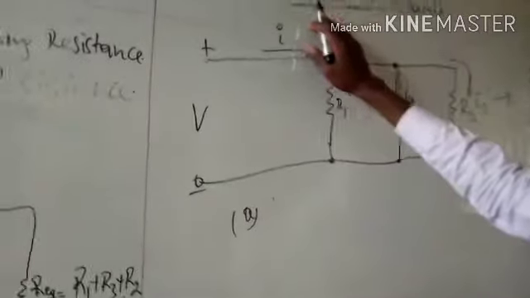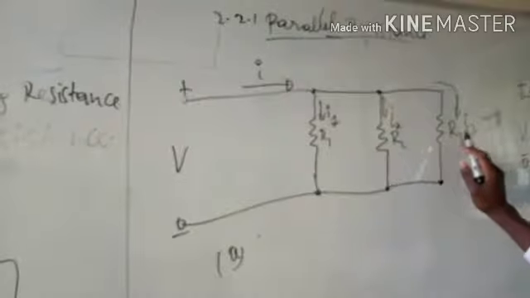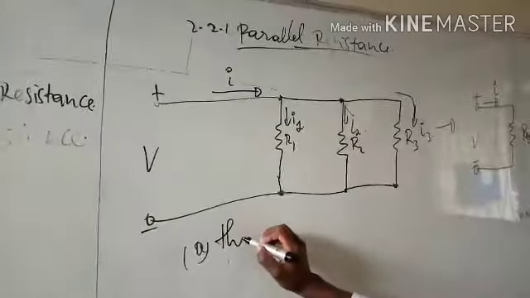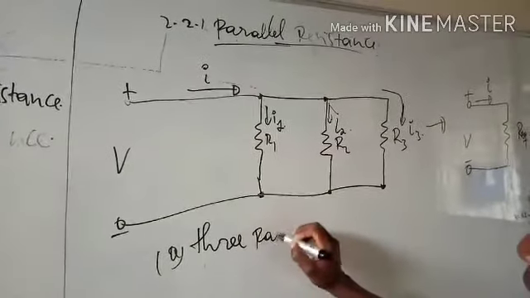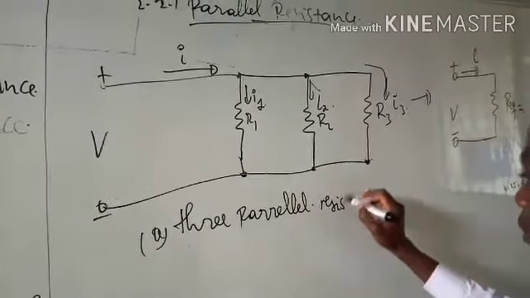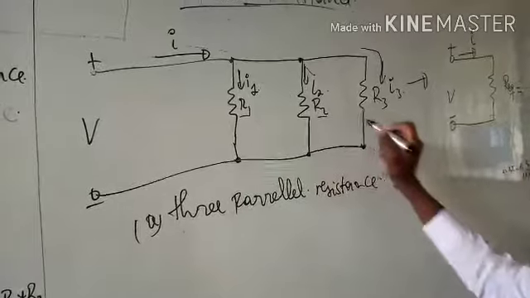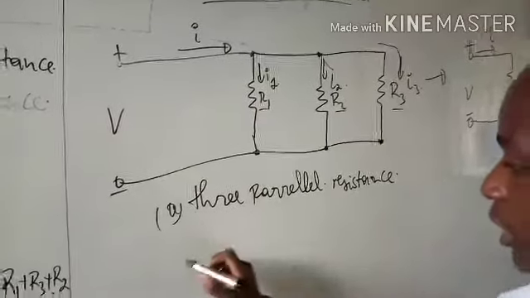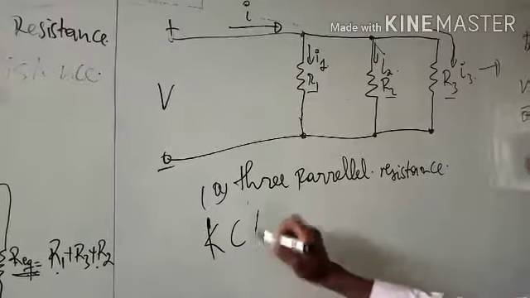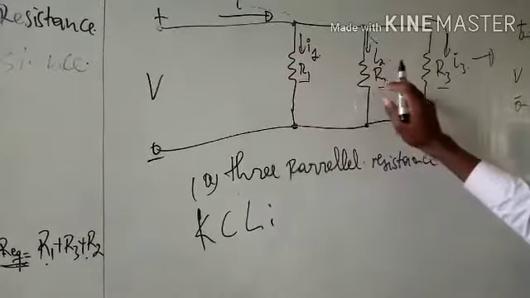Now we have the parallel resistance. So how do we get the total resistance? Here we have three parallel resistances: resistance 1, resistance 2, and resistance 3. Kirchhoff's current law says that the entering current is equal to the leaving current.